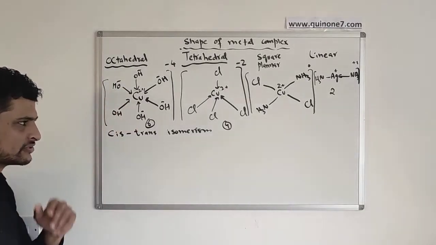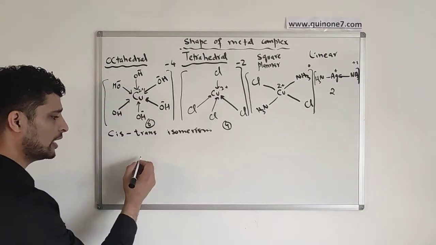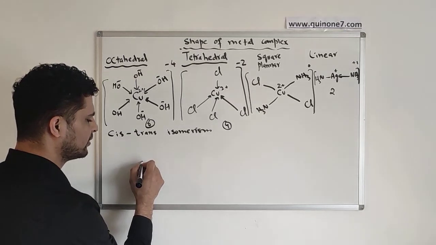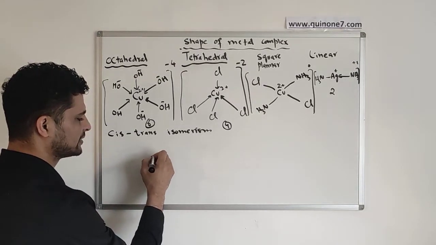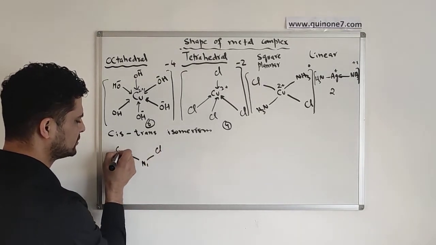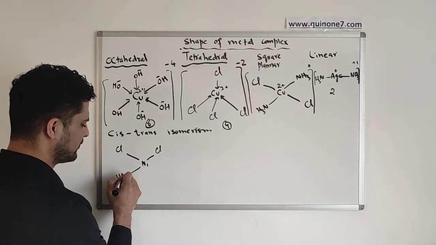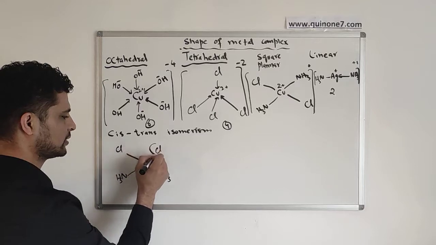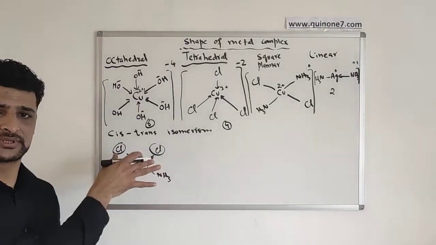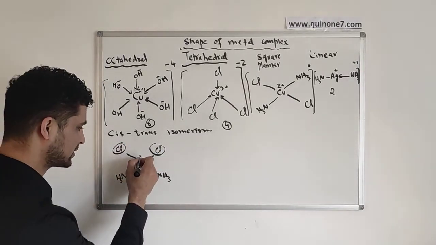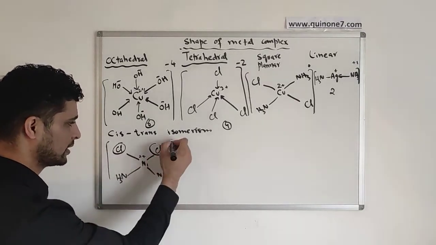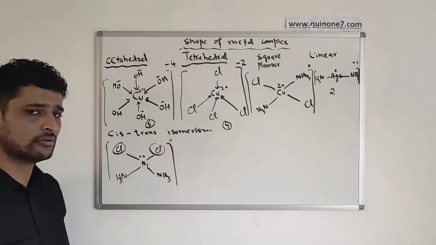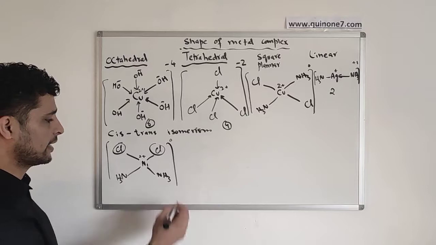Now we're going to look at cis and trans isomerism. Now if you have, for example, nickel which is attached with Cl and Cl on this side, and you have NH3, NH3, because they both are on the same side of the central metal atom, the overall charge is obviously 0 because of the charge on the nickel.